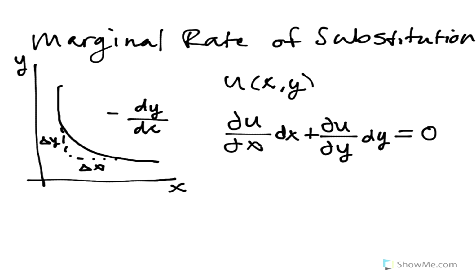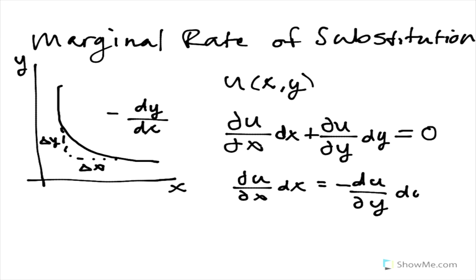Okay, so now we can move the y term to the right. I'm going to get ∂u/∂x dx equals negative ∂u/∂y times dy.